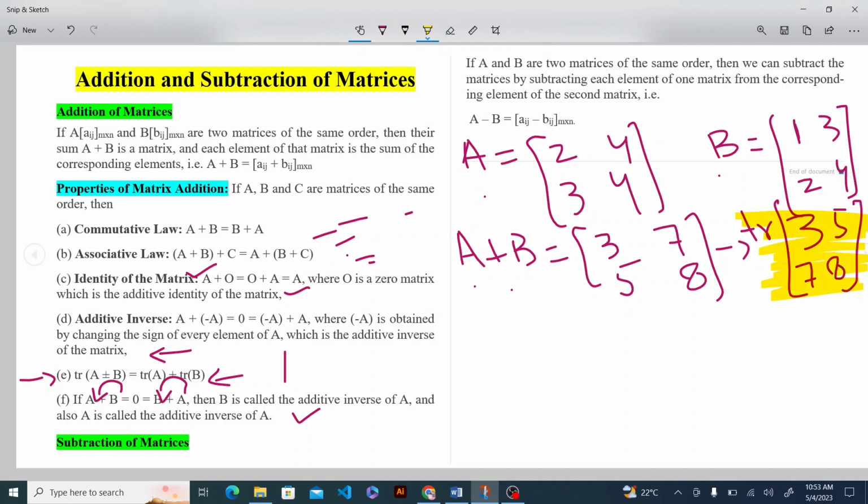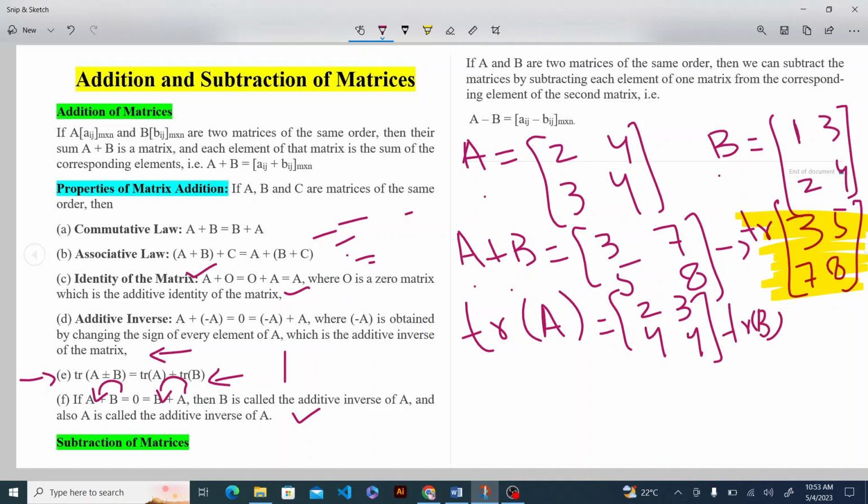Now let us find the right hand side. So we will take the transpose of A. It will be 2 3 4 4. Transpose of B is equal to 1 2 4.